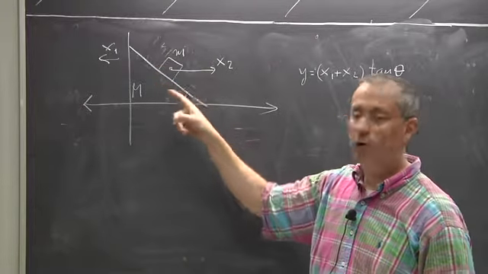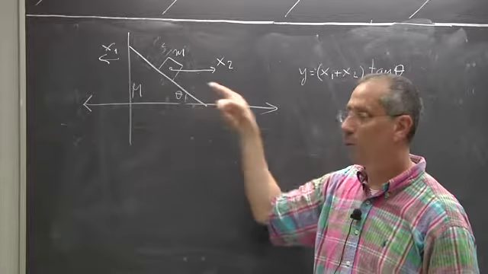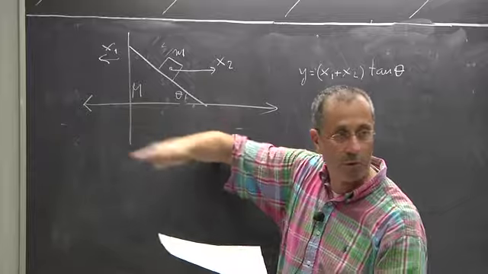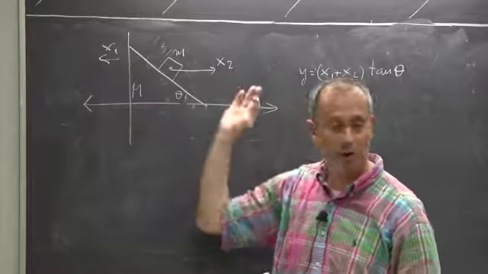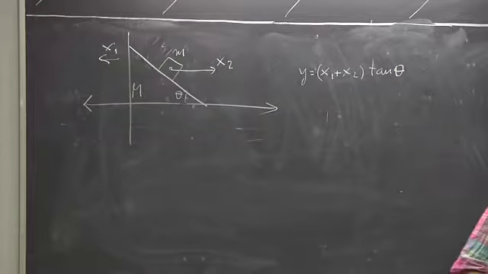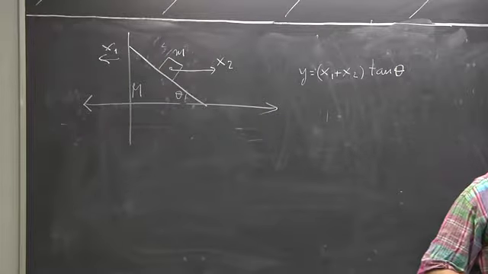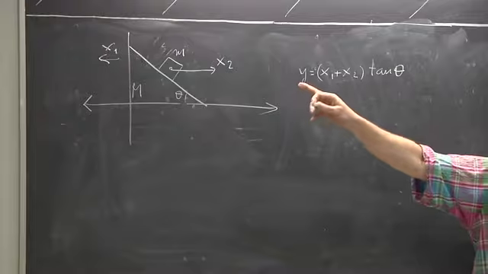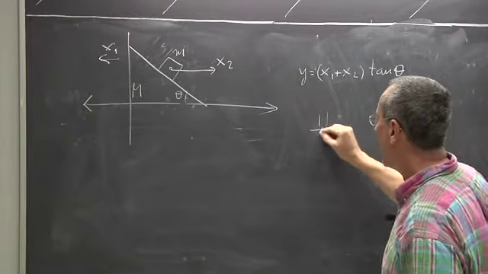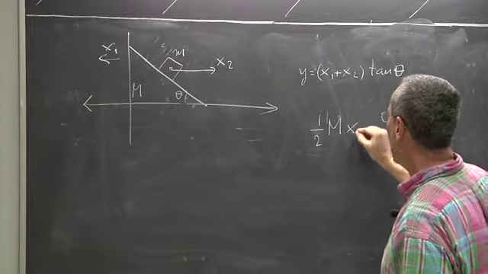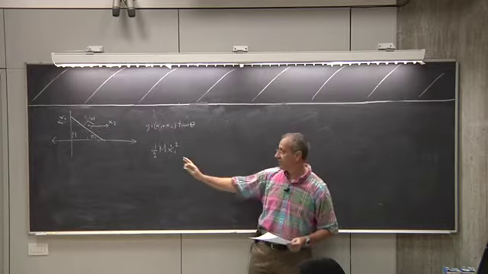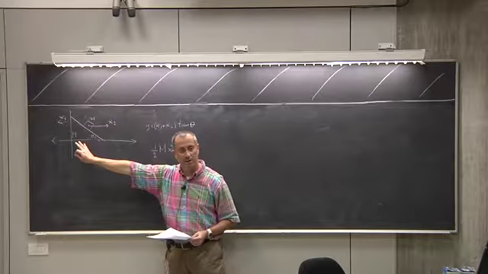Now the kinetic energy of the big block has only one component because we said that this is resting on this floor. It can only move in this x direction. So this is the kinetic energy of a block of mass M that moves with velocity x1 dot. Right. So I have 1/2 big M x1 dot squared. This is just for this block, okay?